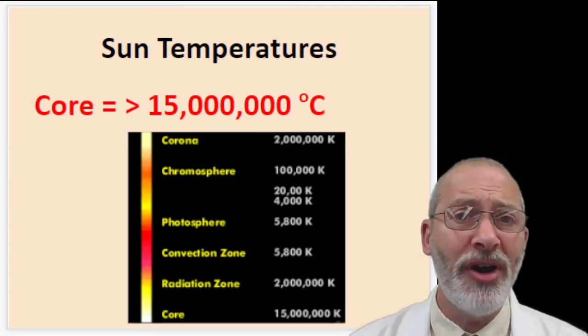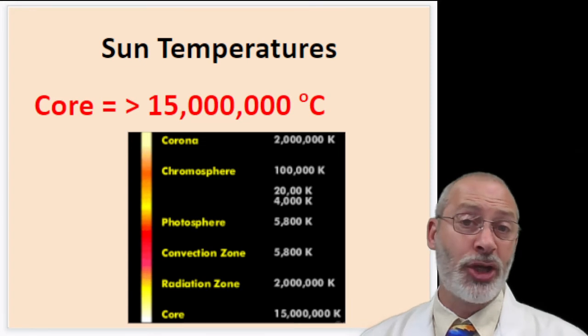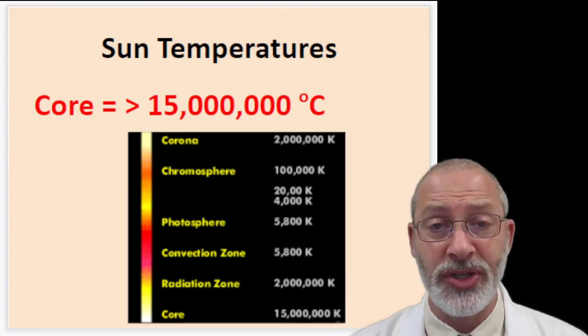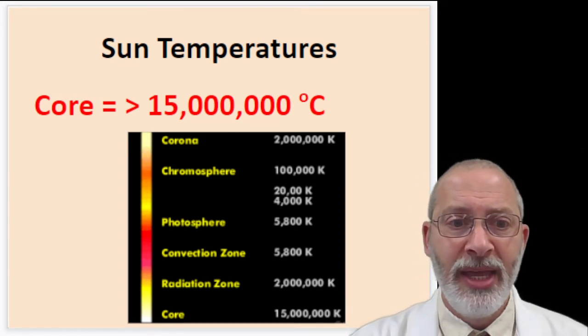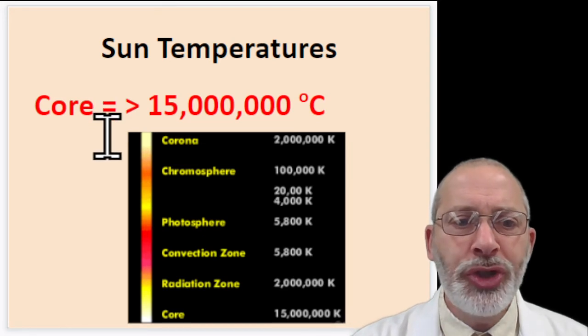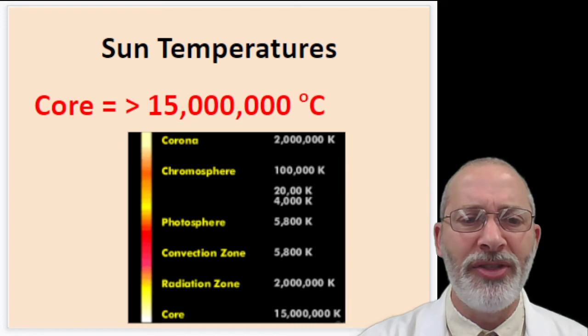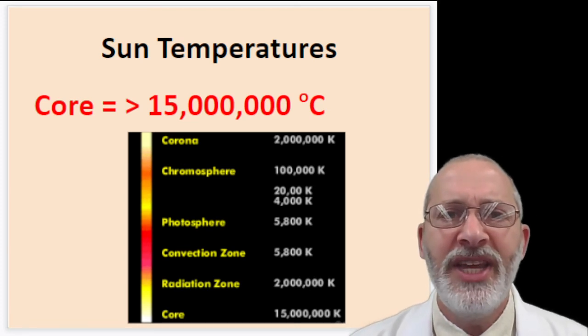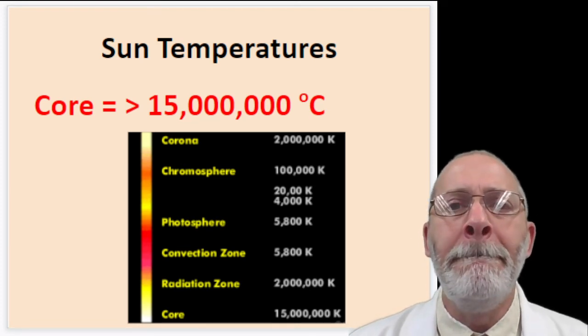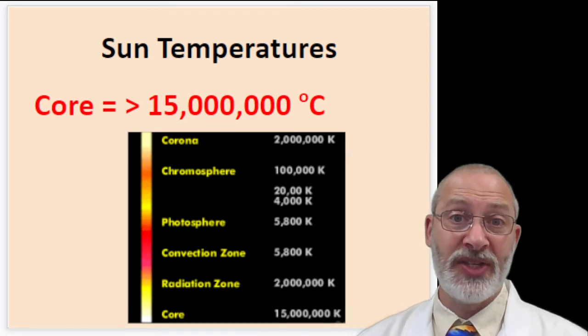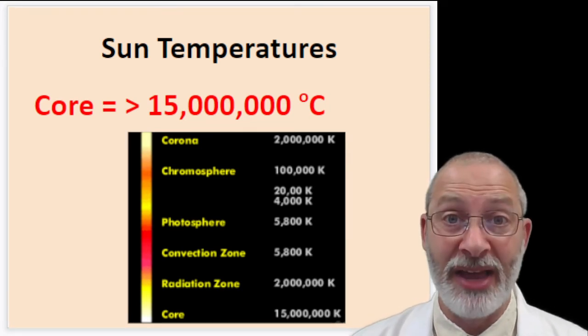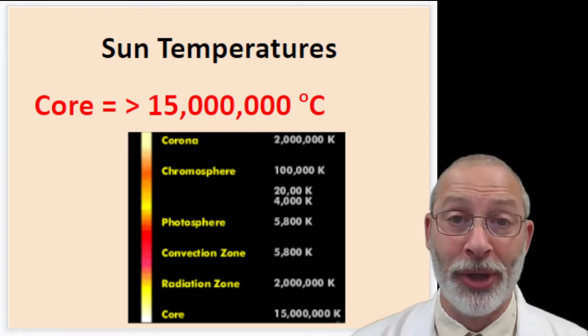The core of our sun, which is actually typical of other stars as well, is equal to or greater than 15 million degrees Celsius. Think about that for a moment. That is a big number.